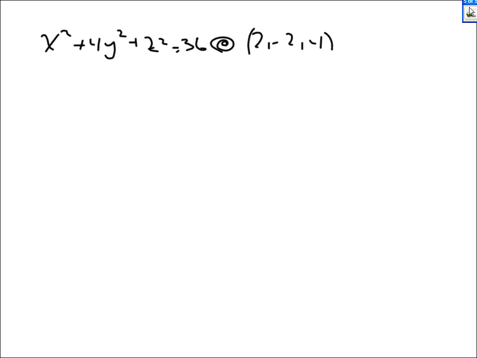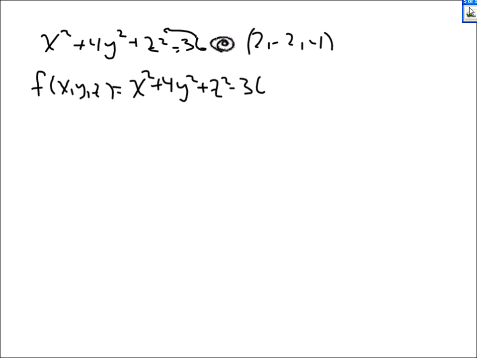So first you should really get it equal to 0. F of x, y, z. Think of this as bringing the 36 over. It is x squared plus 4y squared plus z squared minus 36 is 0.